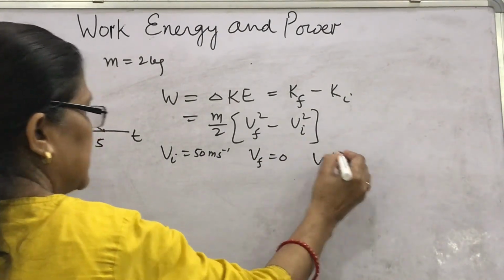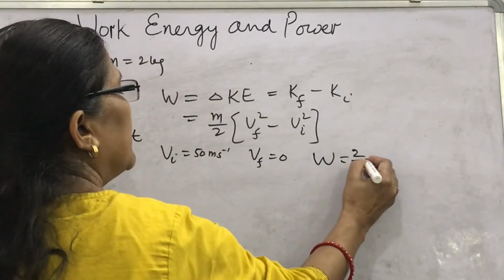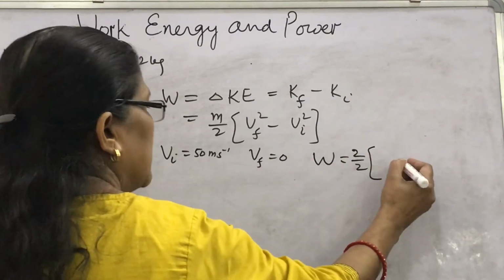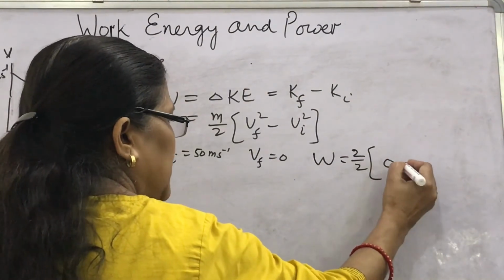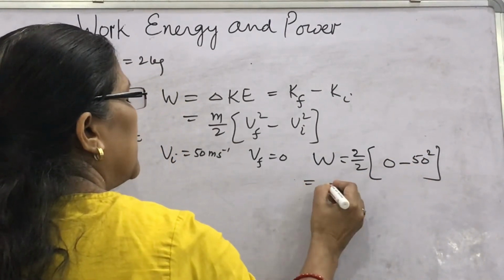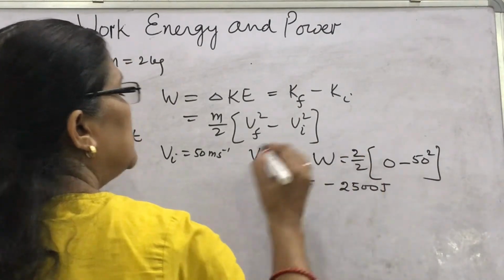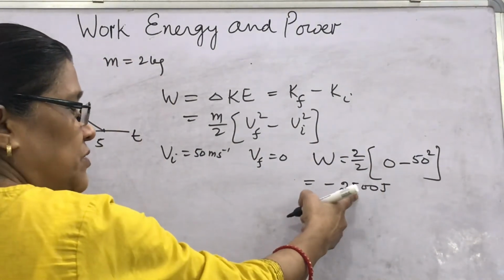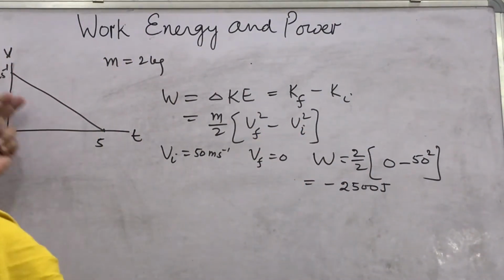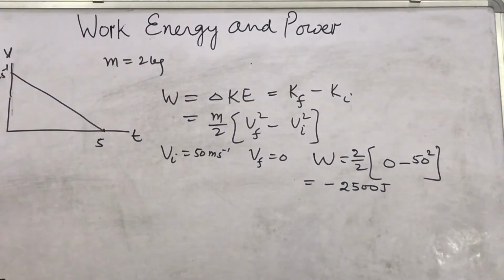You can write W equal to m by 2, 2 by 2, that will become 1, within bracket this V final, that is 0, minus 50 squared. So it will be minus 2500 joule. Why minus 2500 joule? Look here, from the graph it is also clear that velocity is decreasing.